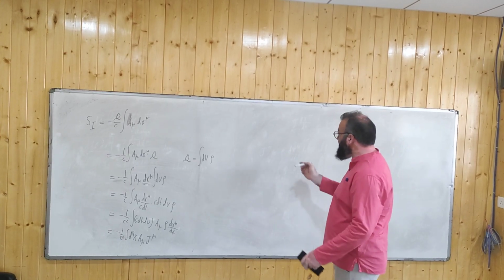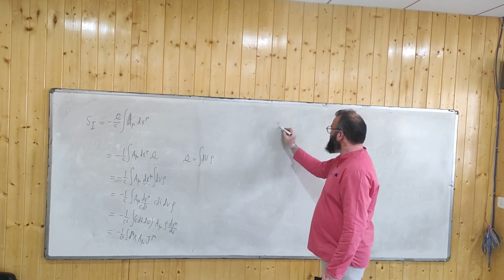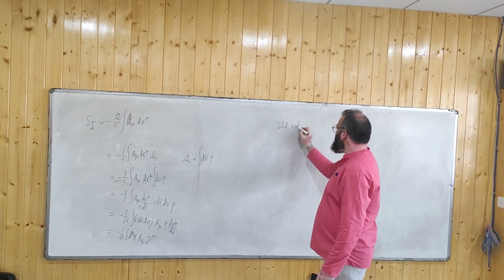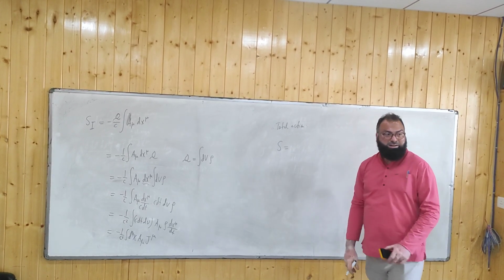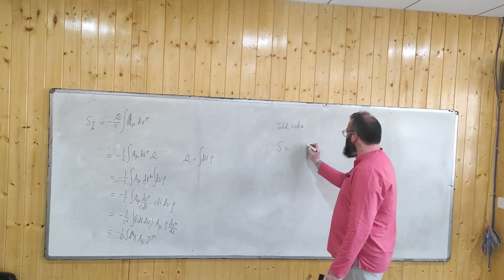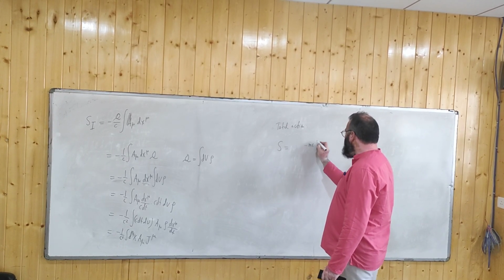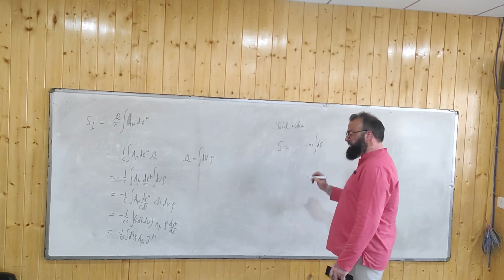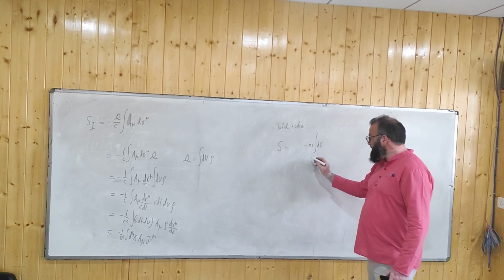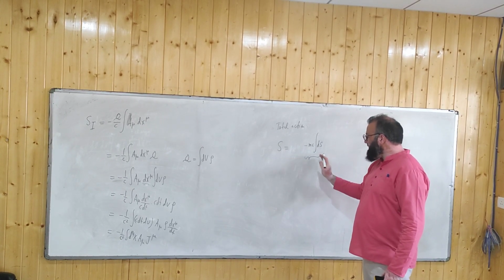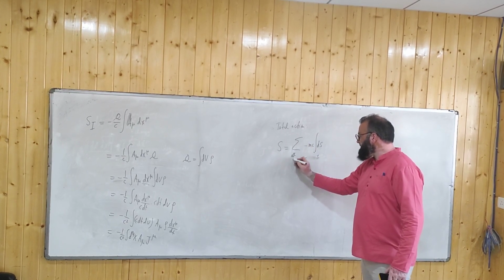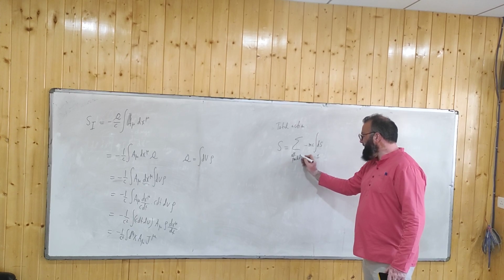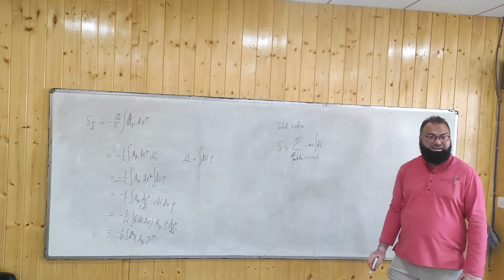So therefore I can write the total action. Let's write now the total action. S is equal to, for a single particle, minus mc integral ds. So this was for a given particle. Now I will consider many particles that are interacting with the electromagnetic field.